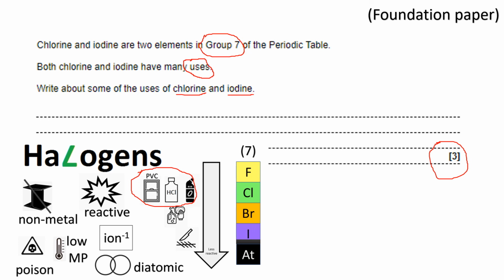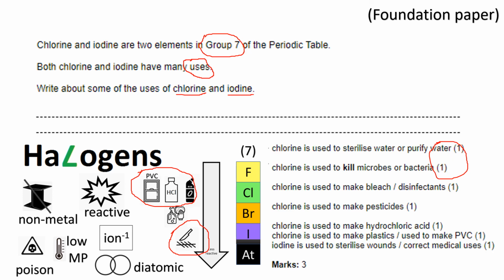And iodine in particular, I told you they love this question about iodine being used to sterilize wounds during surgery. And if I bring up the answers there, so I might pick 2 of the chlorines and 1 of the iodine. You can see here there's lots of things you could have said for a mark, but they're looking for at least one thing to do with iodine, one thing to do with chlorine, and then one other thing.